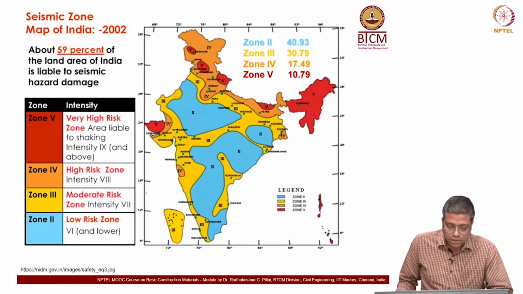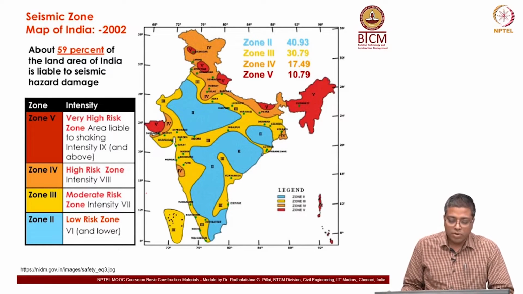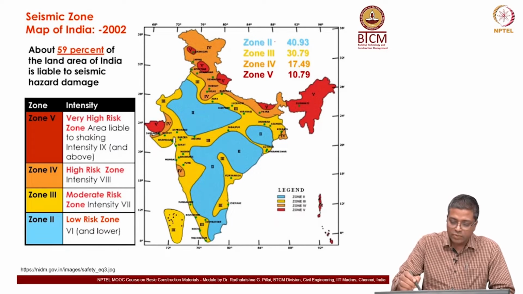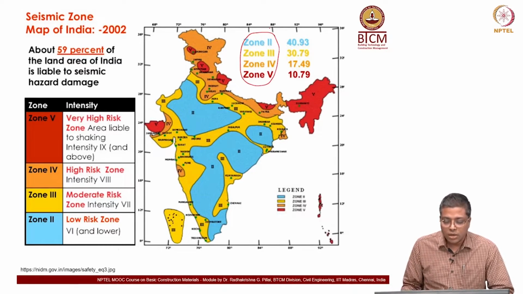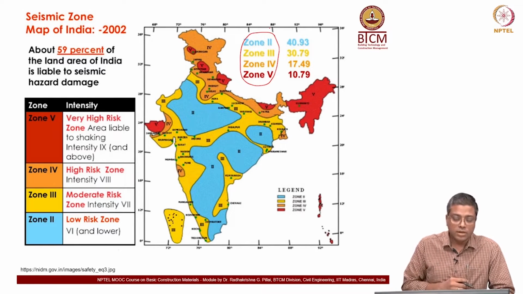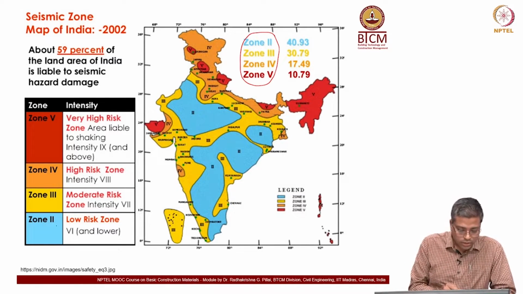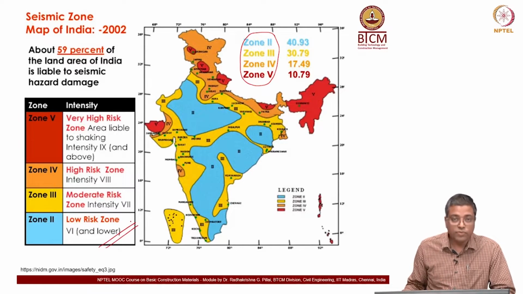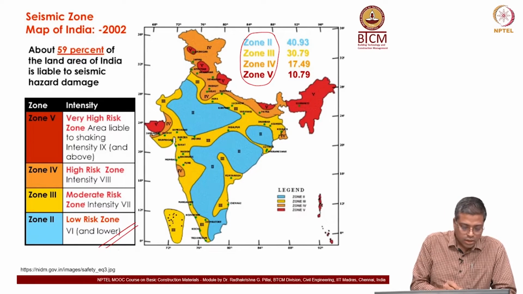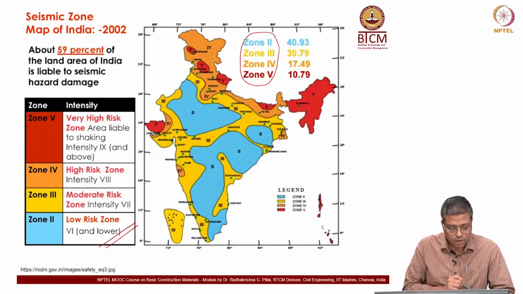Now, let us look at this seismic map of India, where India is divided into 4 zones, each having different risk level. Looking at zone 2, which is blue color, you can see that it is a low risk zone. Then zone 3, which is moderate risk zone, yellow color.